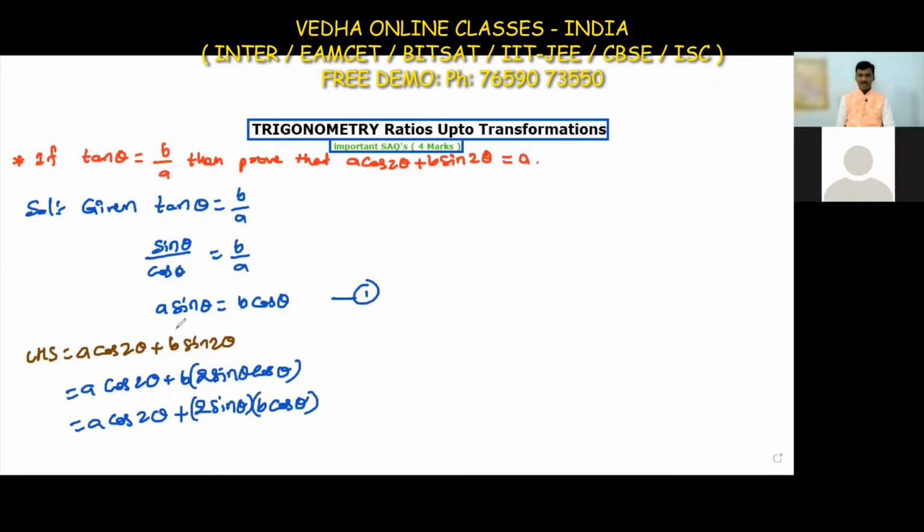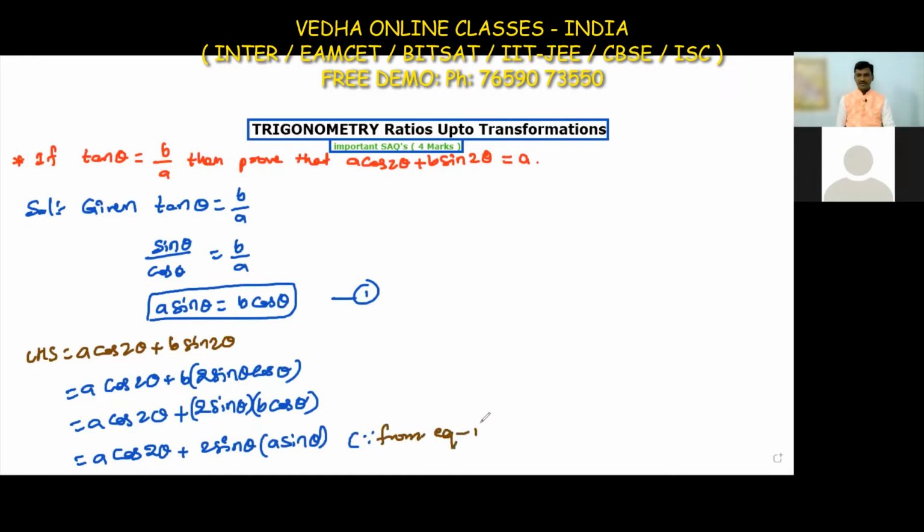So b cos theta we can replace with a sin theta, since from equation 1. And here we used the formula sin 2 theta is equal to 2 sin theta into cos theta.